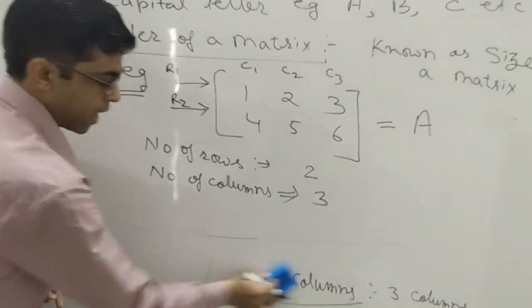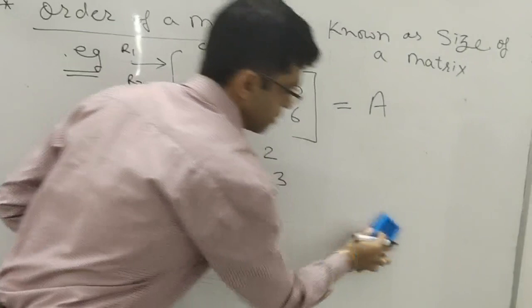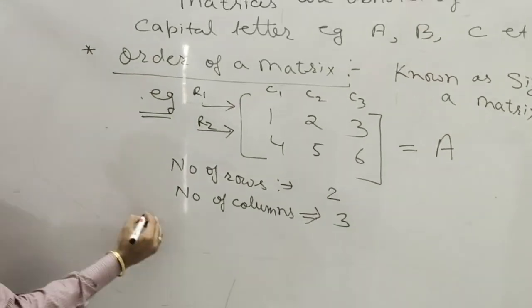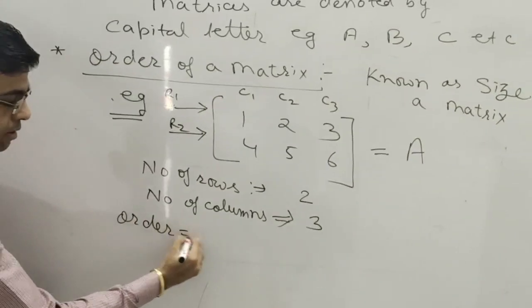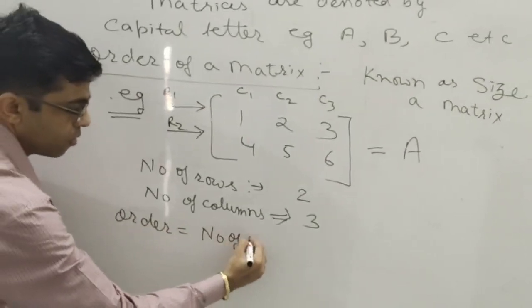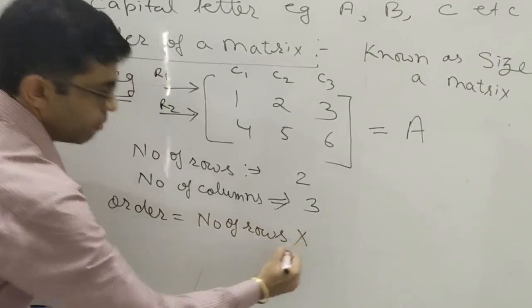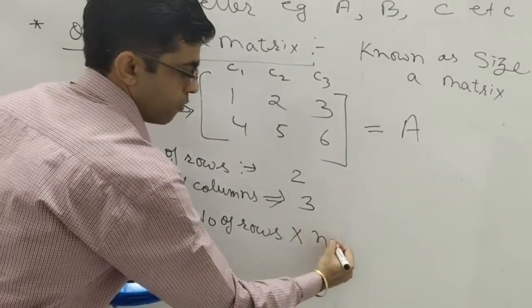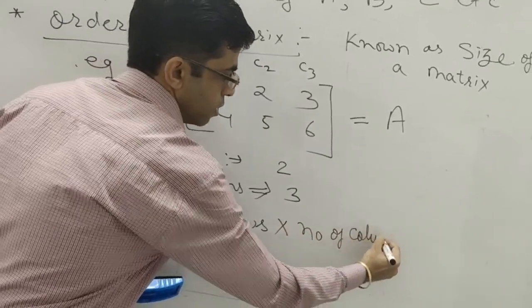Now I will write the order of this matrix. Order is defined as number of rows multiplied by number of columns.